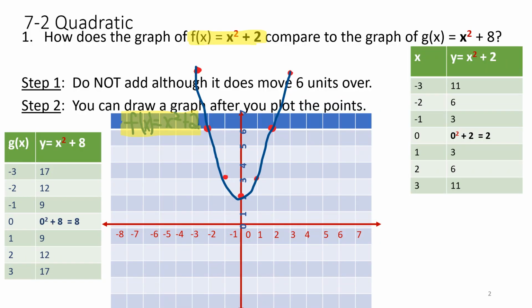Okay, so let's look at this. How does the graph of f of x equals x squared plus 2 compare to the graph of g of x equals x squared plus 8? So here is your graph over here with the first graph.